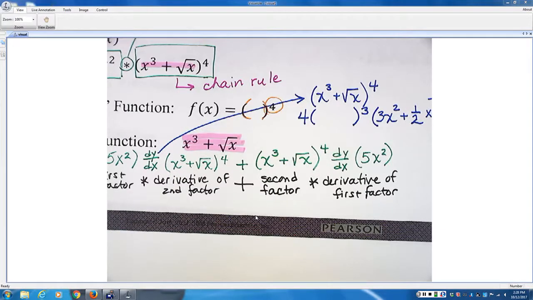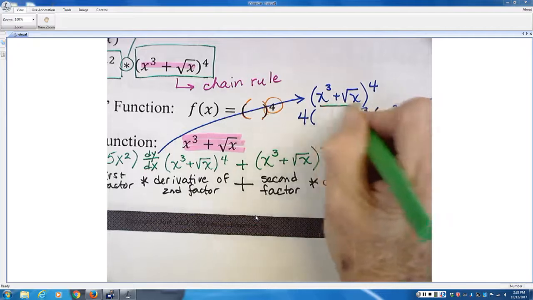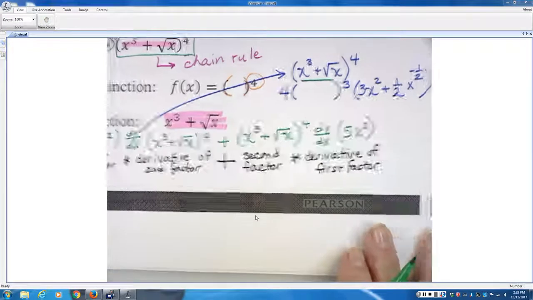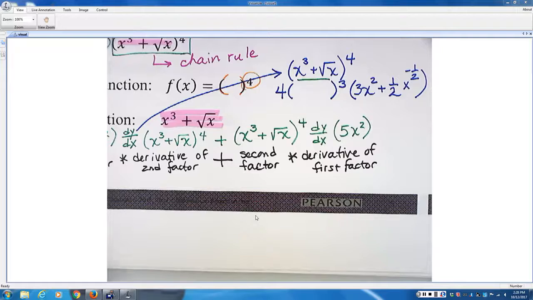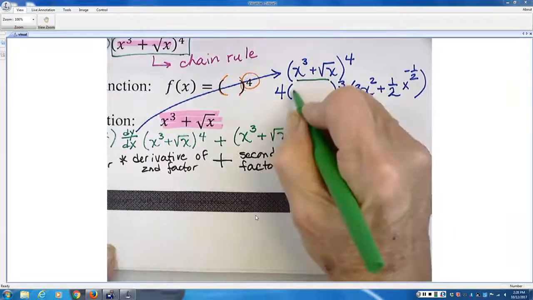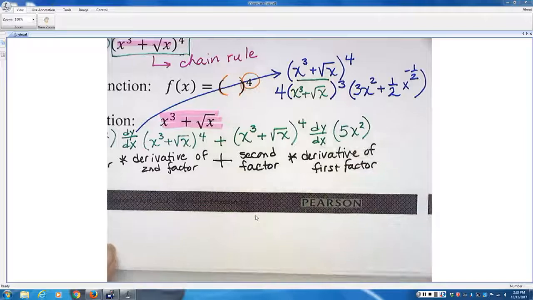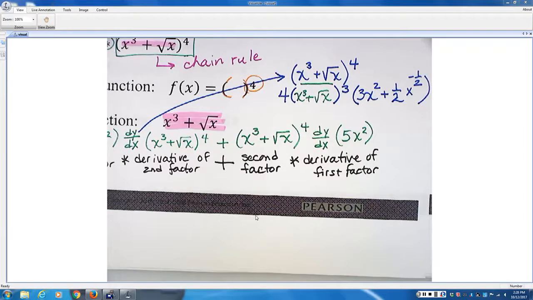Now what was in the parentheses to begin with is still there. That help? So what was in there to start with is still here. It's the derivative of the second factor.